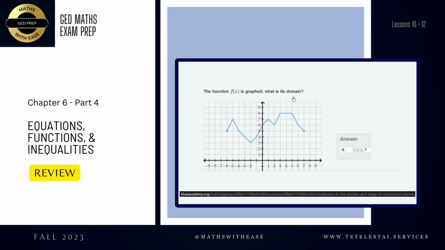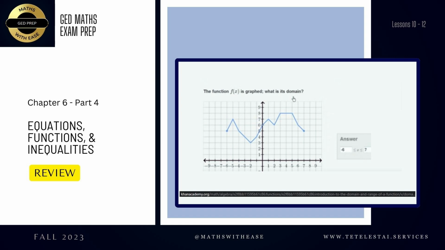So starting at the origin, any number on the left-hand side of your x-axis going on into infinity will always be lower than any value that you find on the right-hand side.